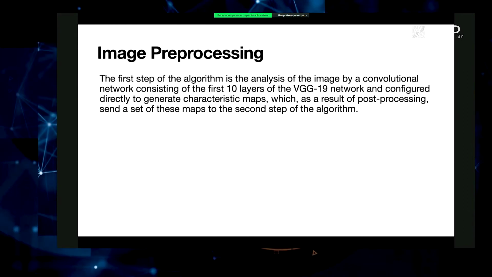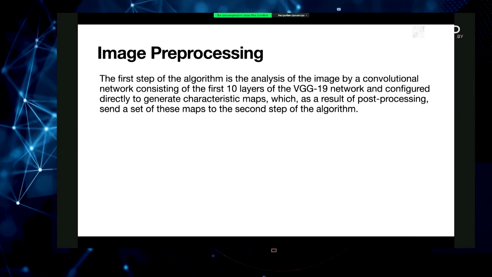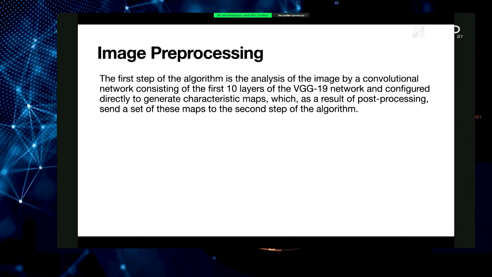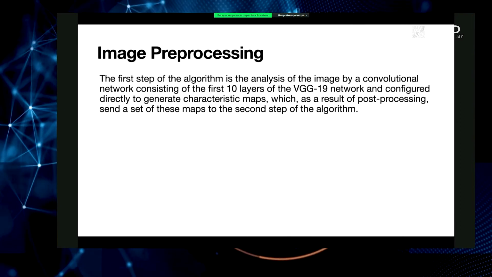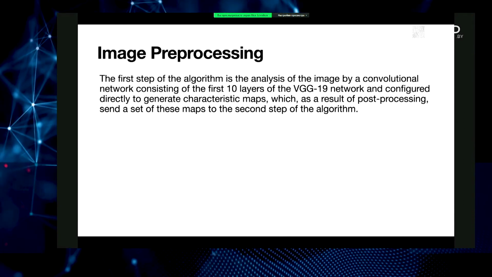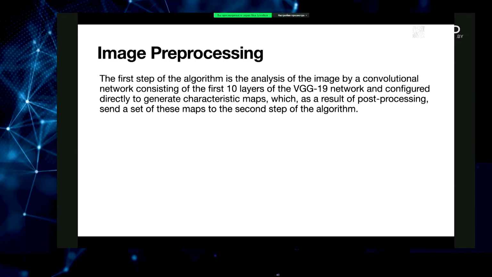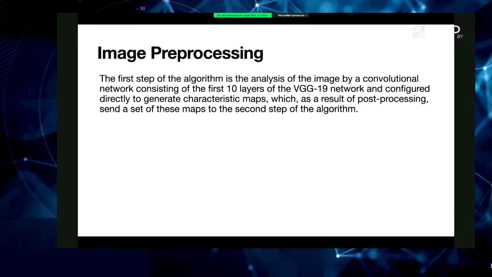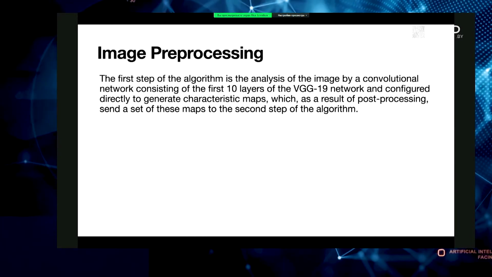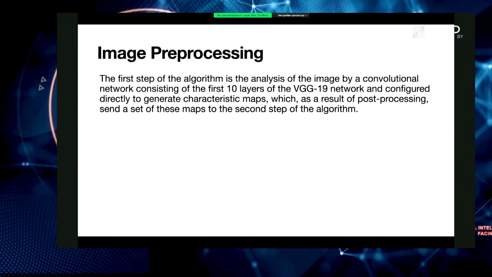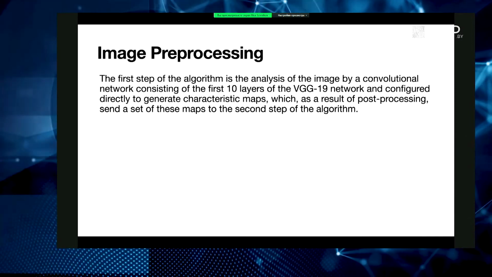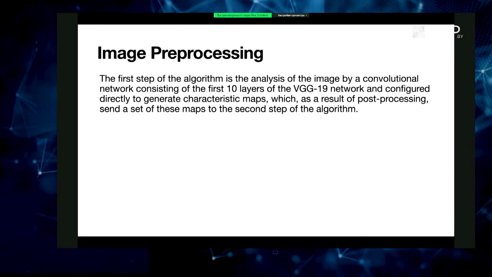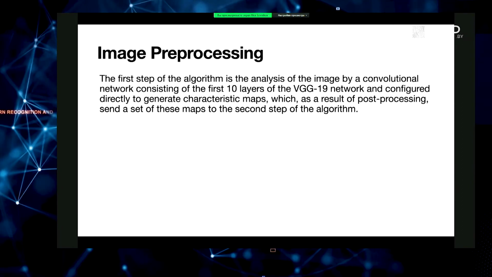The output is the characteristic maps, as I said, just to filter areas of interest. And after filtering, we finish post-processing and we send these maps to our second step, which is parallel and divided into two branches.